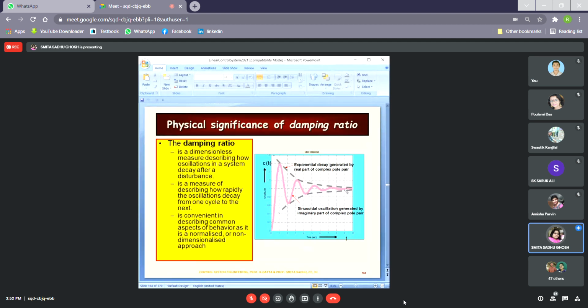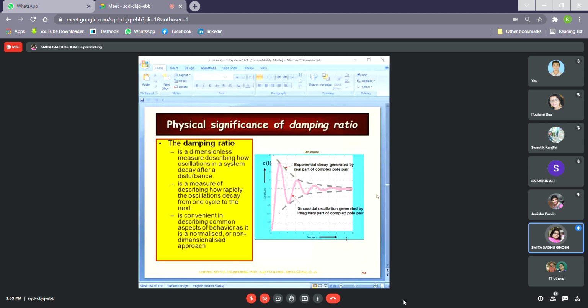Now, if for a second system I have the same damping ratio, I would see that irrespective of what the time axis is, the number of oscillations before the response decays remains the same. For example, for system 2, I have the time marked in milliseconds, and it has 1, 2, 3, 4, and 5 oscillations before it decays. That would be valid for the same damping ratio.